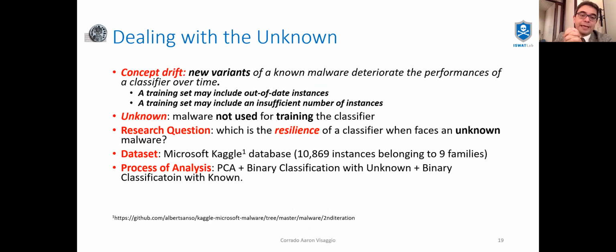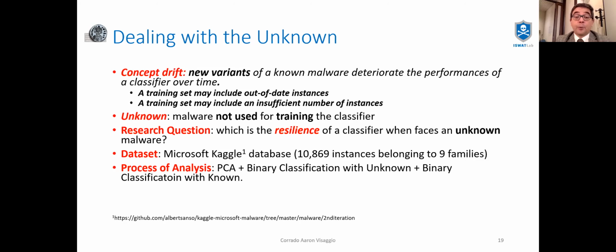Finally, we demonstrated how malware detectors behave when they meet malware that they have never seen before. In this case, we have the problem of concept drift. This problem, known in literature, happens when new variants of a known malware deteriorate the performances of a classifier over time.